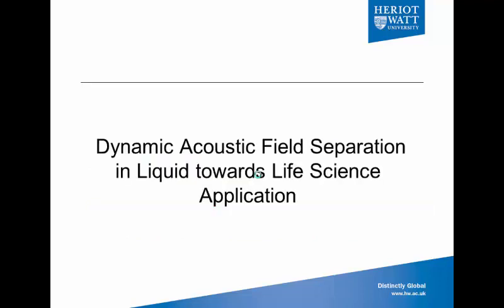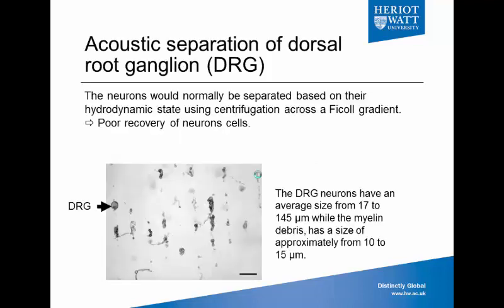So with this method, we are capable of sorting different sizes of particles, but also dense or less dense particles. The other thing we were interested in with this method is to see if we could apply it to life science applications. We chose to look at separating dorsal root ganglion, which is for regenerative medicine.